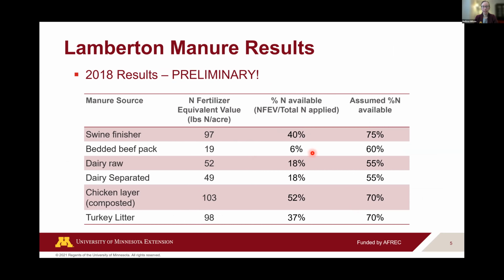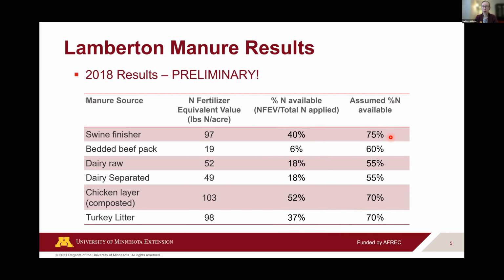And what I have over here is that nitrogen fertilizer equivalent value divided by the total amount of nitrogen applied. We had manure tests for all of these. So we know how much total nitrogen was in the manure. And we multiplied that by the application rate to get the total nitrogen applied. And this is how much nitrogen was available. And this is how much nitrogen we assumed was available based on our current guidelines.